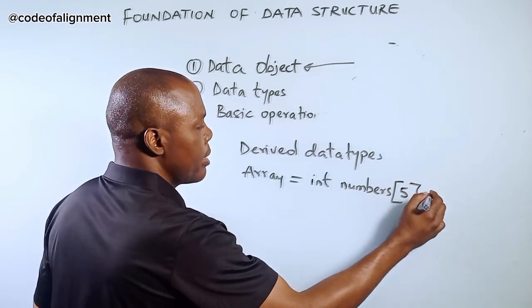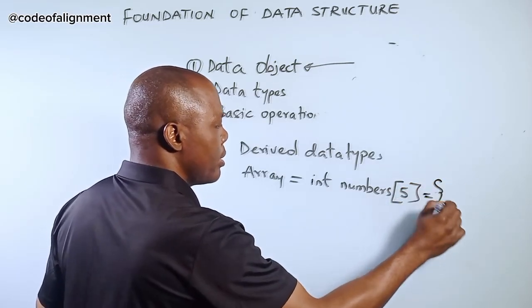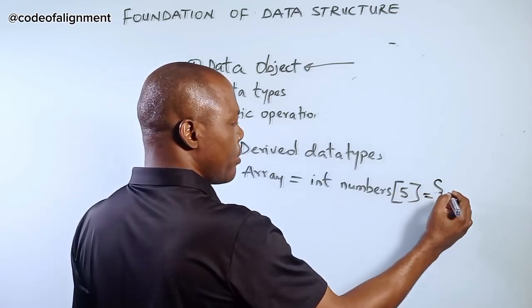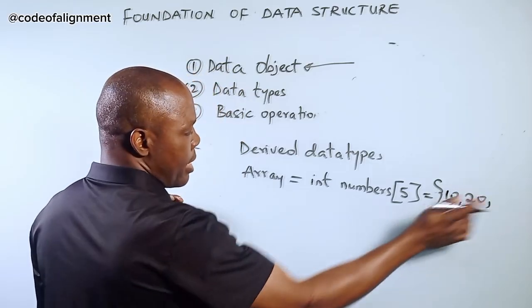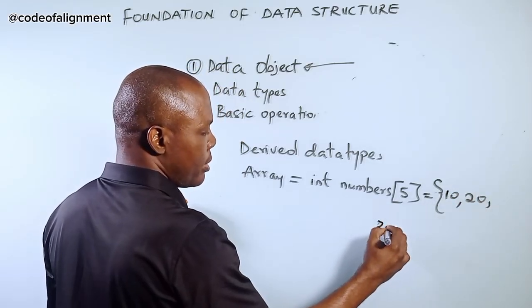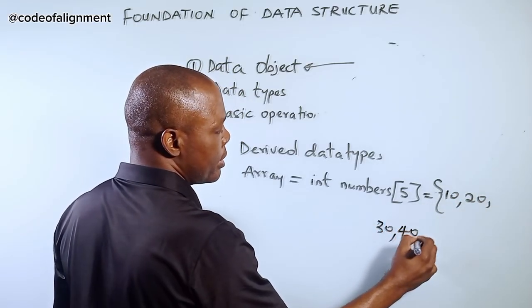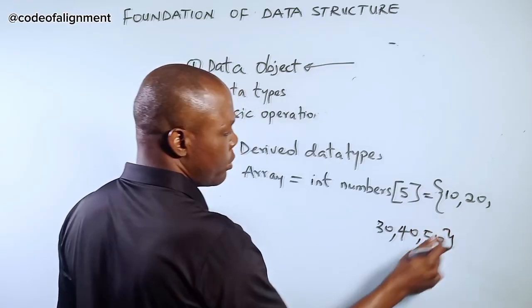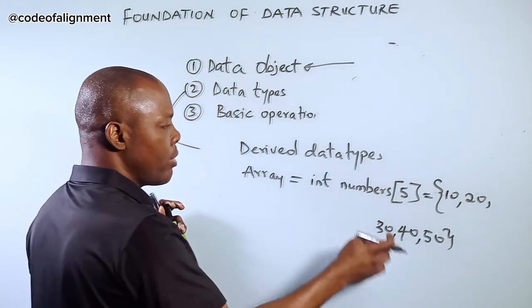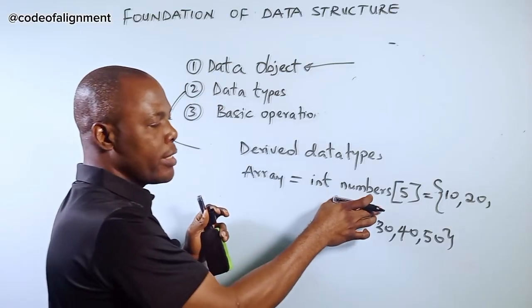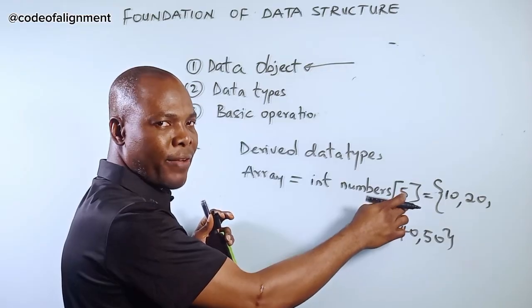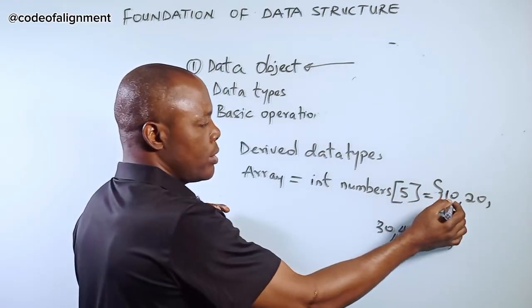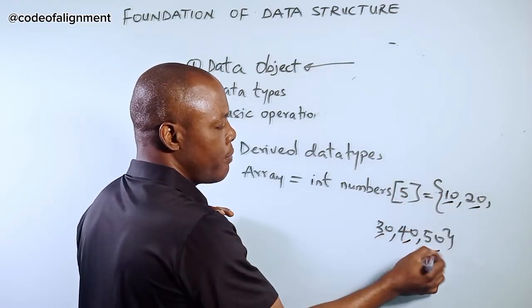Now, then you can do this. So here I will say 10, 20, 30, 40, 50. I'm closing this because of space. That's why I brought it down. So this is an array. So this is the array name telling me that I'm going to store what? 5 integers. So this is 1, 2, 3, 4, 5.